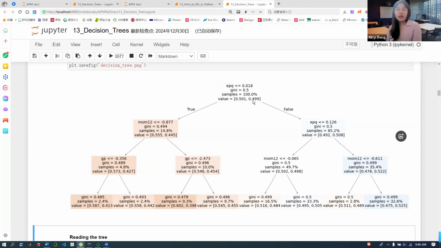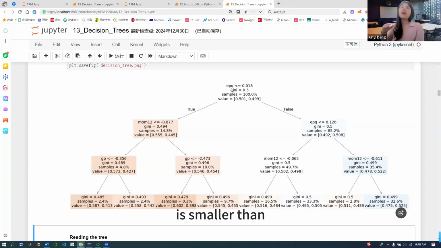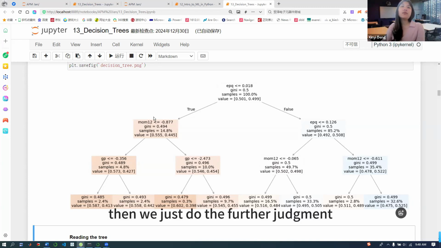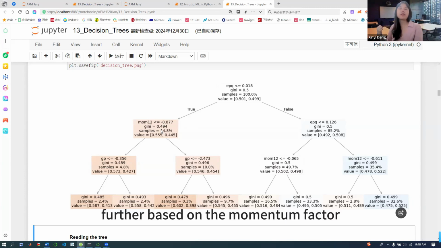The first value is the probability value of class 0, and the second value is the probability value of class 1. If this condition is true, so if the EP ratio is smaller than or equal to 0.018, then we just do the further judgment. So we develop the rule further based on the momentum factor.